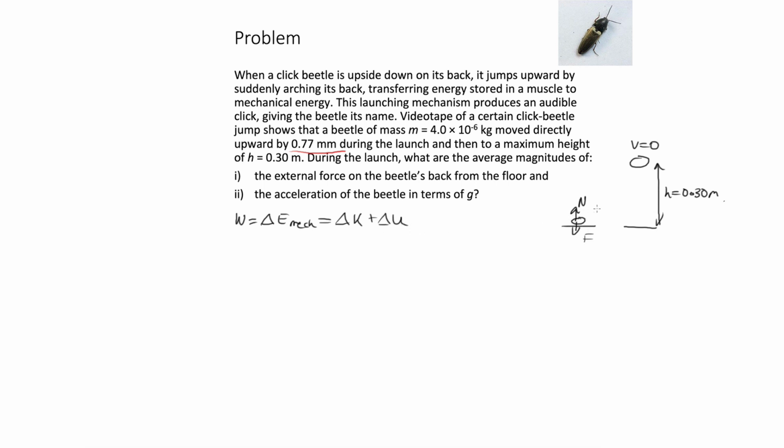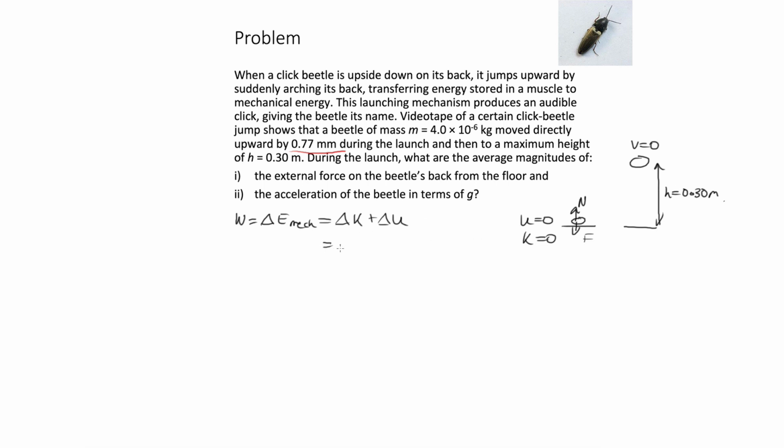So initially, before this all starts, the beetle is at rest on the floor. So we've got no potential energy and we've got no kinetic energy. And then at the end, it's launched itself up to this maximum height. It's got no speed, but it does have a potential energy.